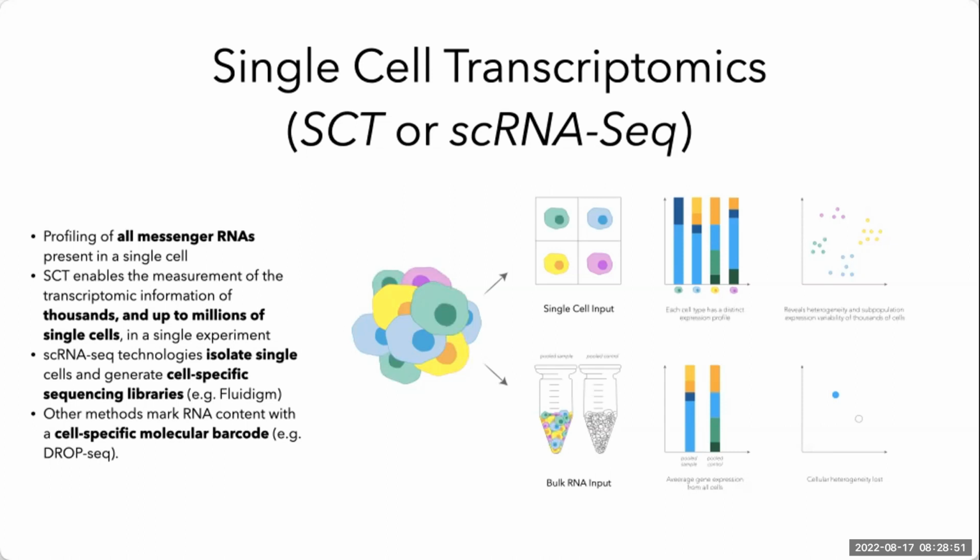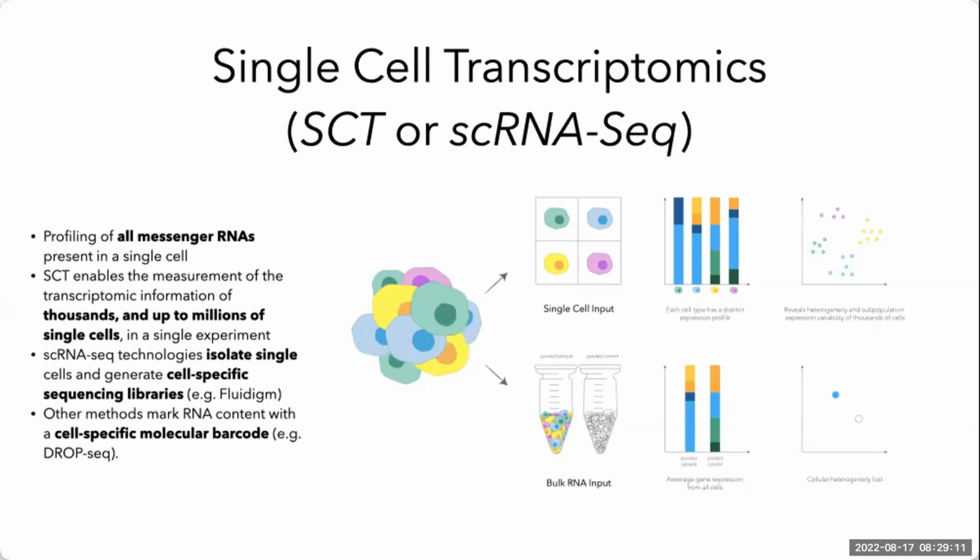But single-cell transcriptomics analysis helps us profile all the messenger RNAs present in a single cell, on a cell-by-cell basis. This constitutes the most widely used profiling technology that we now know as scRNA-Seq technology.